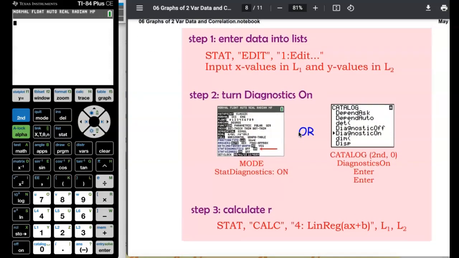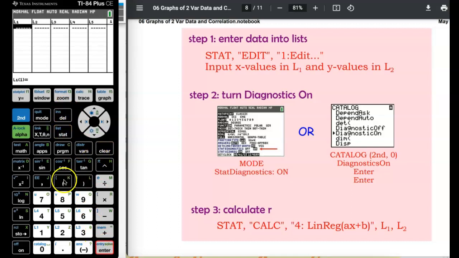All right, so here's how you do this, and that's one of the reasons I want to have my calculator here for you all. So let's go to Stat. We'll go to our Stat button, and we'll go to Edit, number 1 there, and we're just going to put in some data here. So let's just put in some random stuff. We'll keep these values kind of small like this.